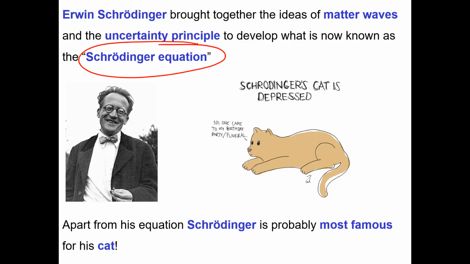Schrödinger's model is based on probability, and sometimes it generates results that are not the easiest to interpret. So to explain some of these seeming paradoxes, Schrödinger described a thought experiment called Schrödinger's cat. We'll go through that thought experiment now.